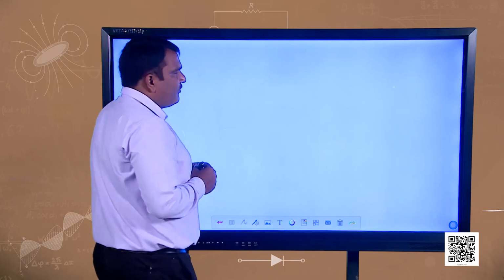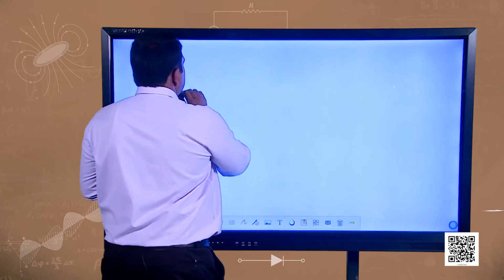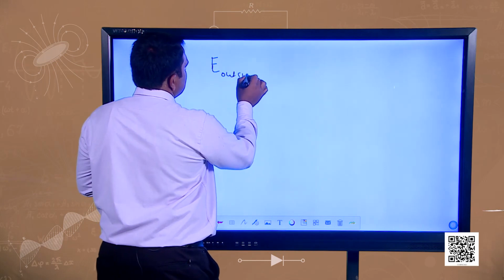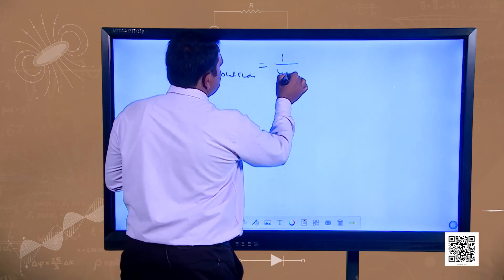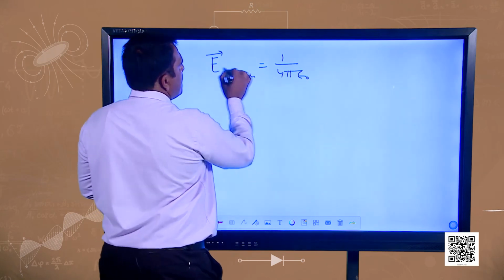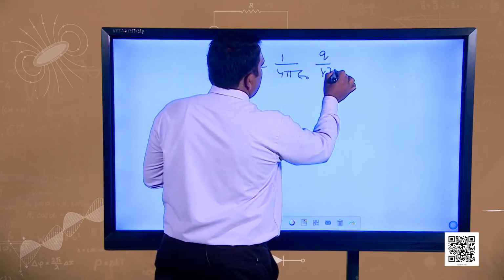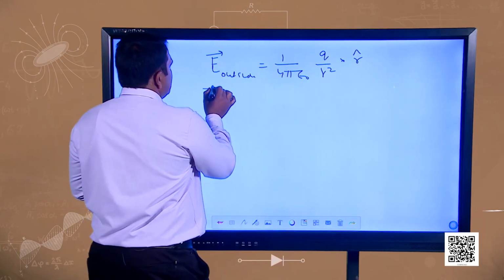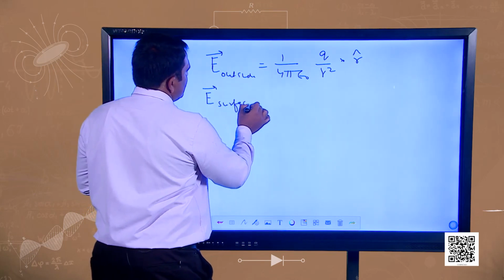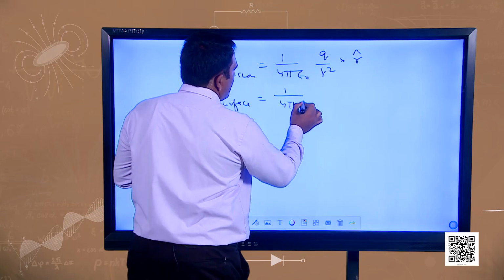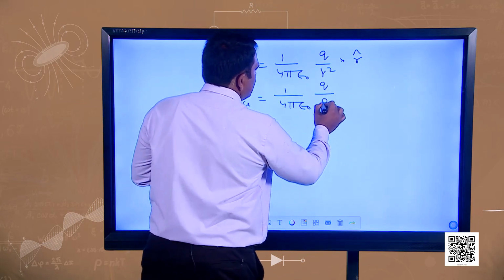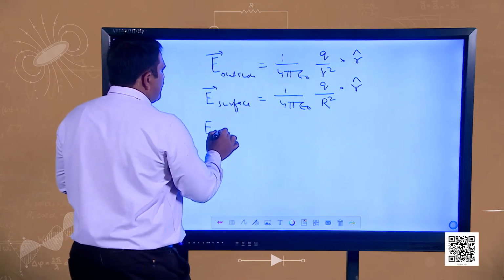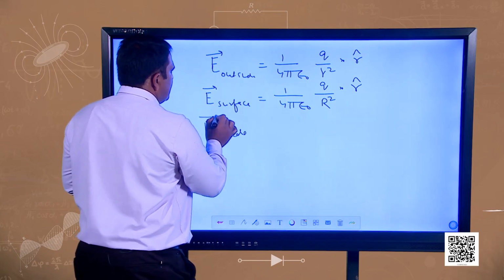Before drawing the graph, let us summarize the results. Electric field at any point outside is 1 by 4 pi epsilon naught q by r square multiplied by r cap. Electric field at any point on the surface becomes 1 by 4 pi epsilon naught q by capital R square multiplied by r cap, and electric field at any point inside the cell is 0.